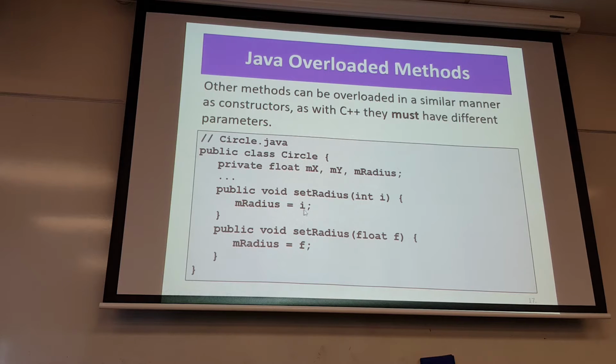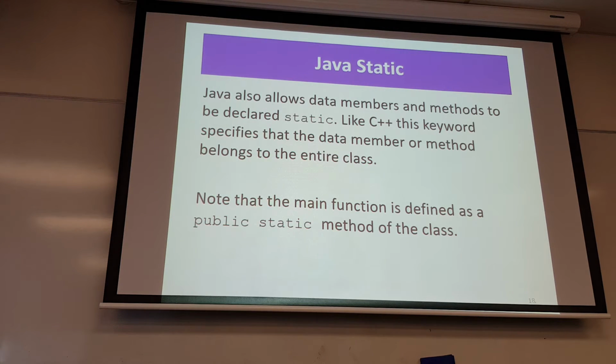If i is int, here to set m radius, which is a float, we can do this most correctly. Specify float i, just to avoid any problems, because Java is very picky about conversion. So you can overload based on the same rule: different number of parameters or different type of parameters, nothing else.